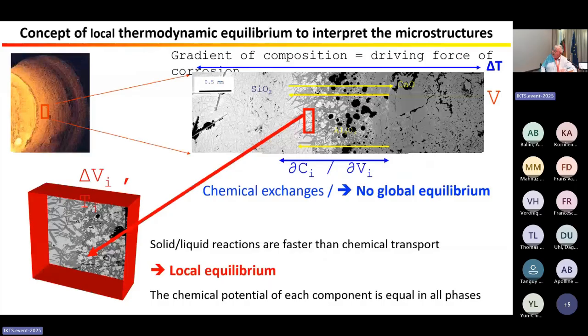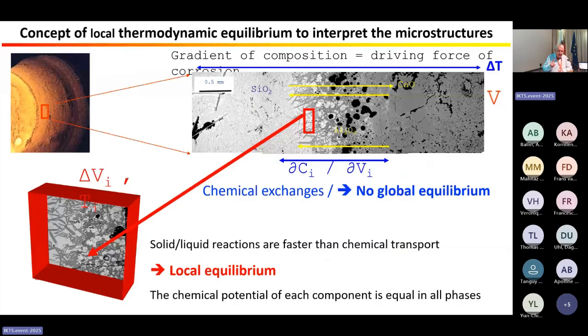If we observe here this interface between the slag and the refractories, we have, of course, chemical exchange, we have not a global equilibrium, and we have a gradient of composition in the volume. But if we consider a very small part of the refractories just at the interface, the solid-liquid reactions are faster than chemical transport.